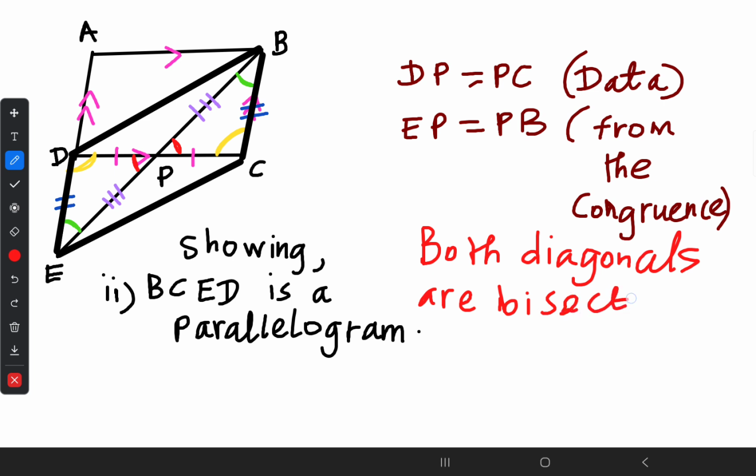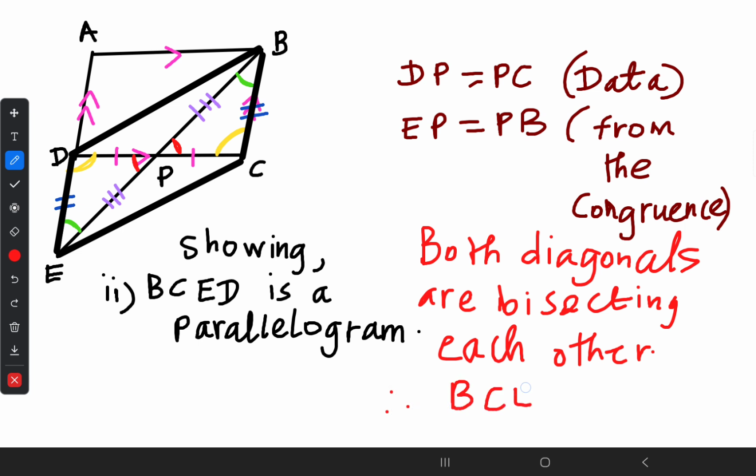Bisecting each other. Therefore, BCED is a parallelogram. This is how we have to show our proof.